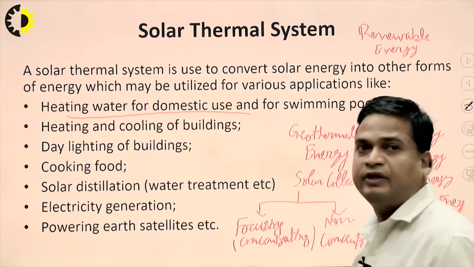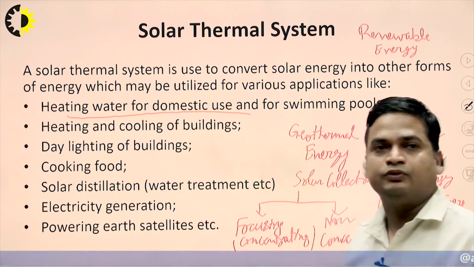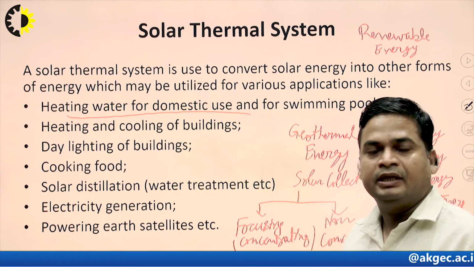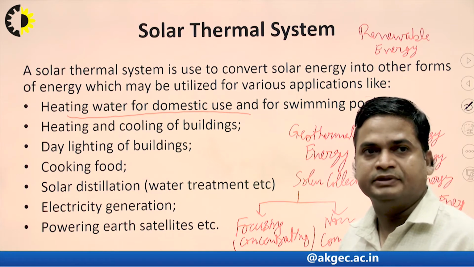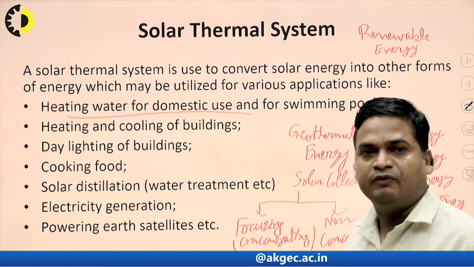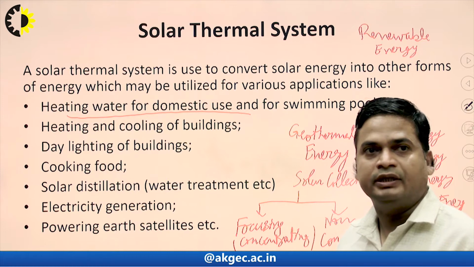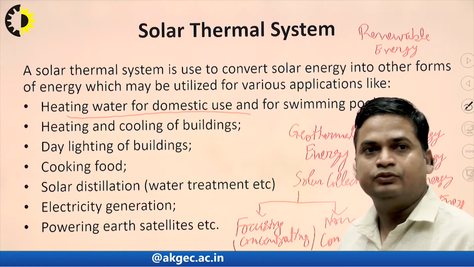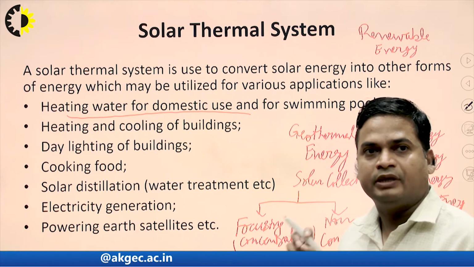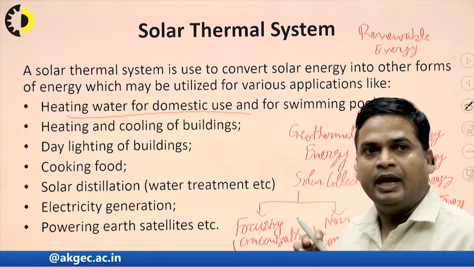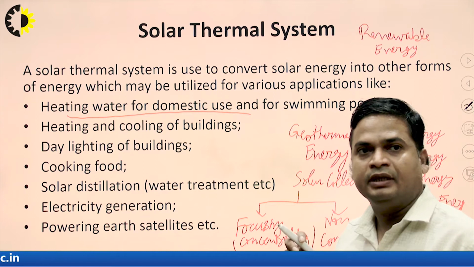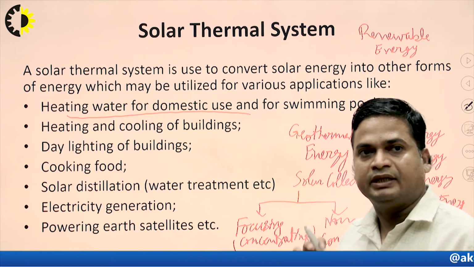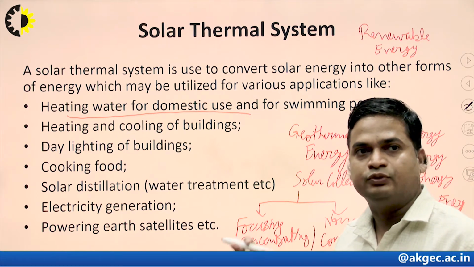We use these different types of collectors so that the maximum radiation coming from the sun can be utilized for heating purposes. These collectors are installed in a system and used to focus at a focal point, and there a fluid is flowing; the heat is transferred from the collector to the fluid, and that fluid is used to heat the water.